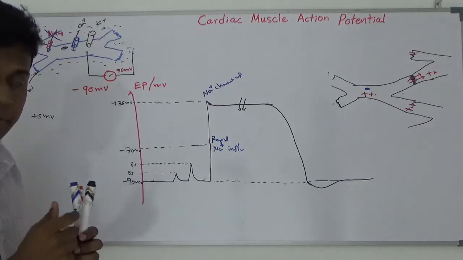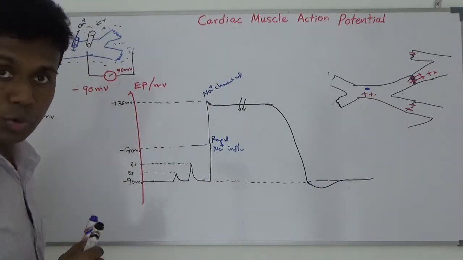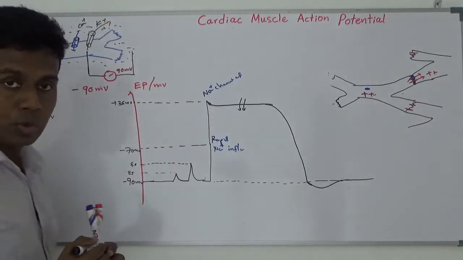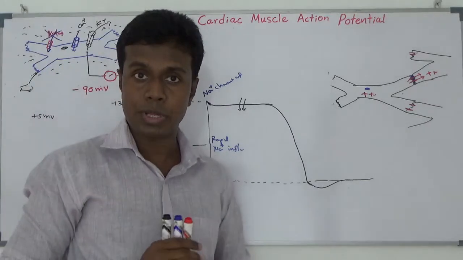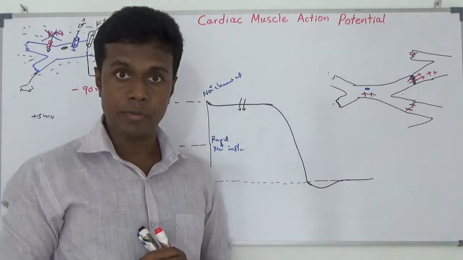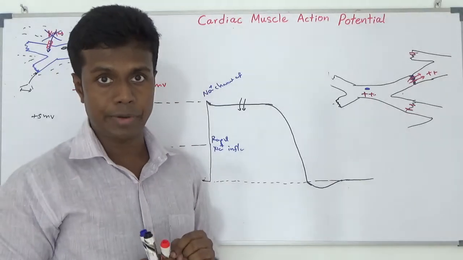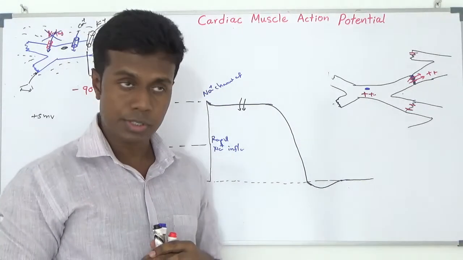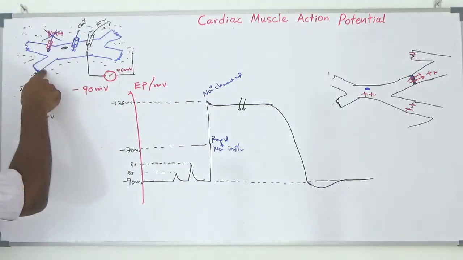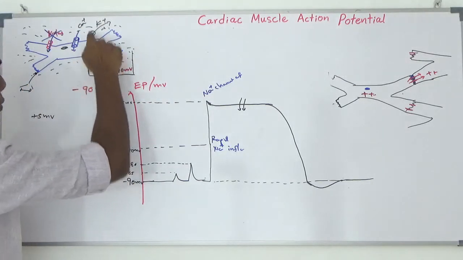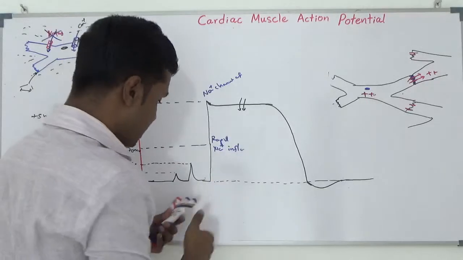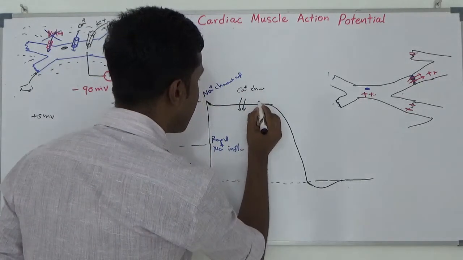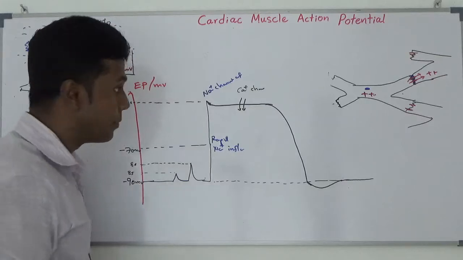That means they can maintain 35 millivolt. But at the same time, the potassium channel is also going to open. Because of that, potassium is trying to go out. Your cell contains a larger amount of potassium and a lesser amount of sodium compared to extracellular fluid. Extracellular fluid contains a lesser amount of potassium and a larger amount of sodium. Because of that, sodium comes from outside to inside, potassium goes from inside to outside. Here your calcium channel opens and calcium comes into the cell.